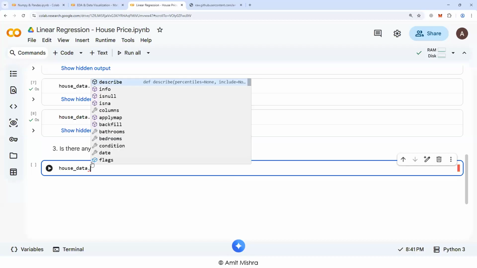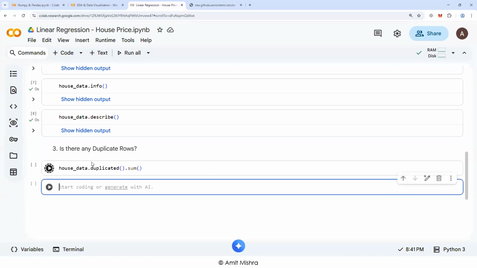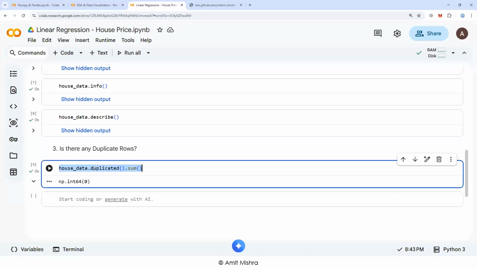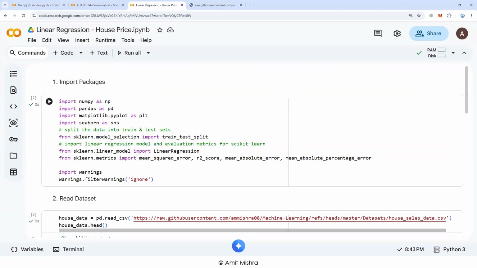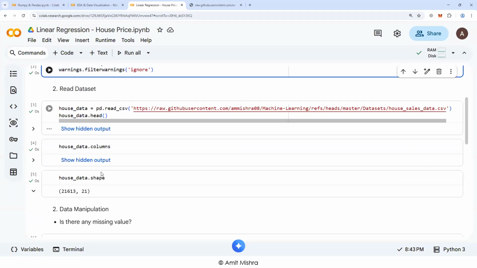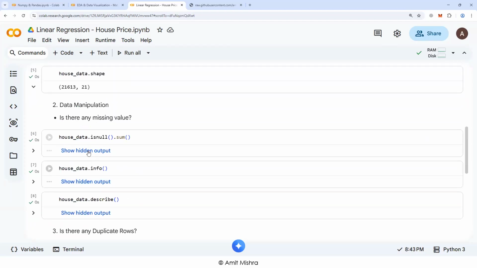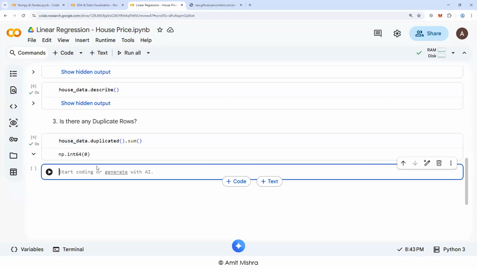To check the duplicate values, we have learned about a function known as duplicated dot sum. This is going to return 0, which means there are no duplicate rows. Hope you have started executing them one by one from the link that I have shared. So we have tested: no duplicate values, and no sign of missing data.